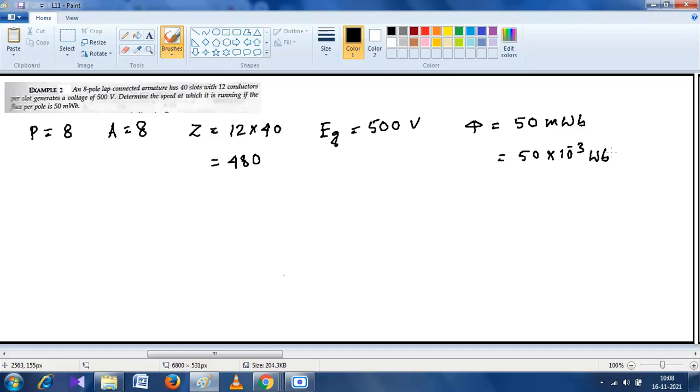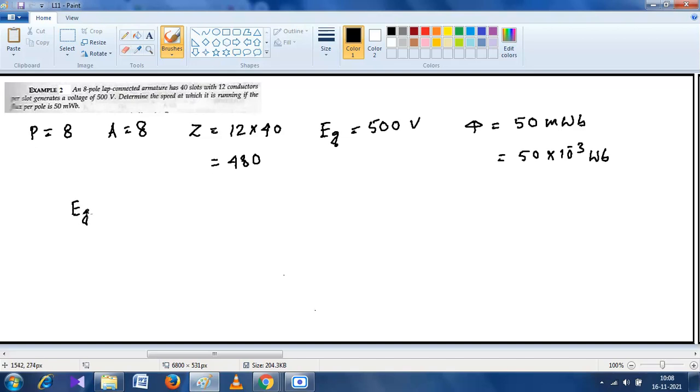So next, which equation do we have to use? By which equation do we solve this problem?